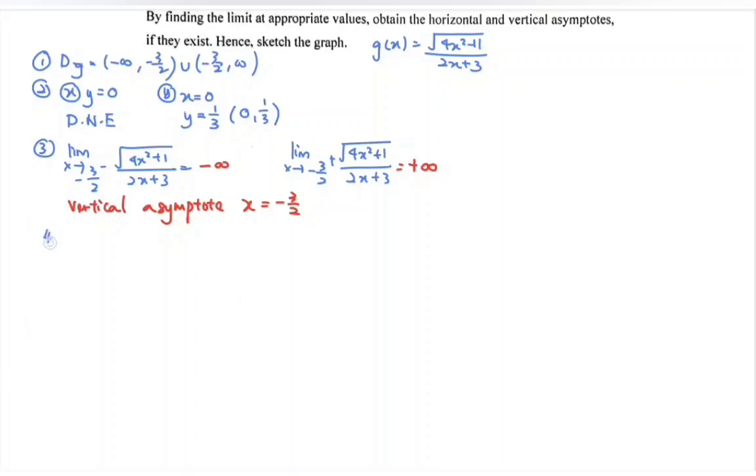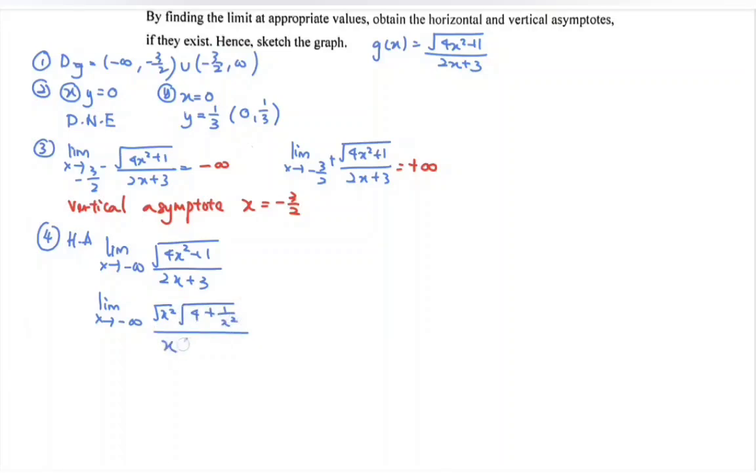Step number 4 is to find the horizontal asymptote. Limit when x approaches negative infinity of the square root of 4x squared plus 1 over 2x plus 3. Factor out the x squared, so we have x squared times 4 plus 1 over x squared, over x times 2 plus 3 over x.